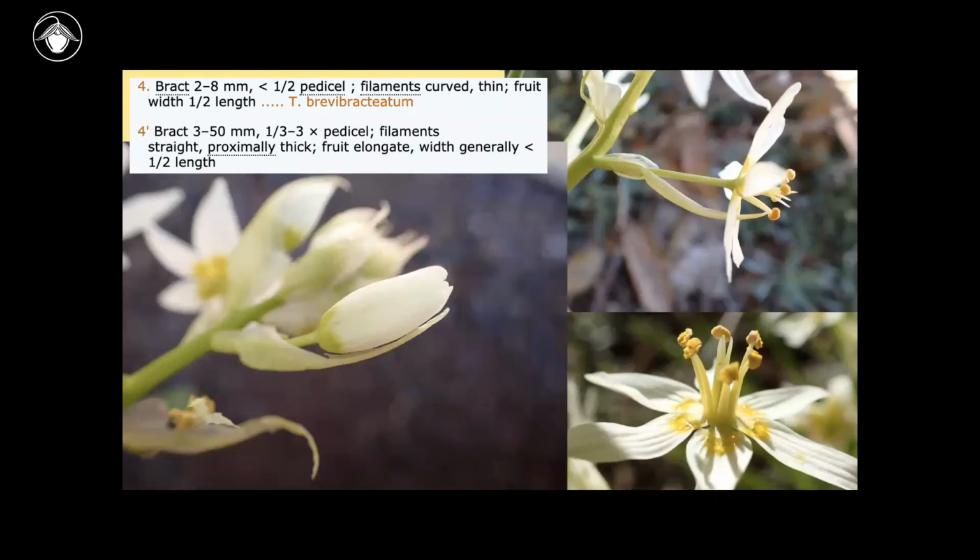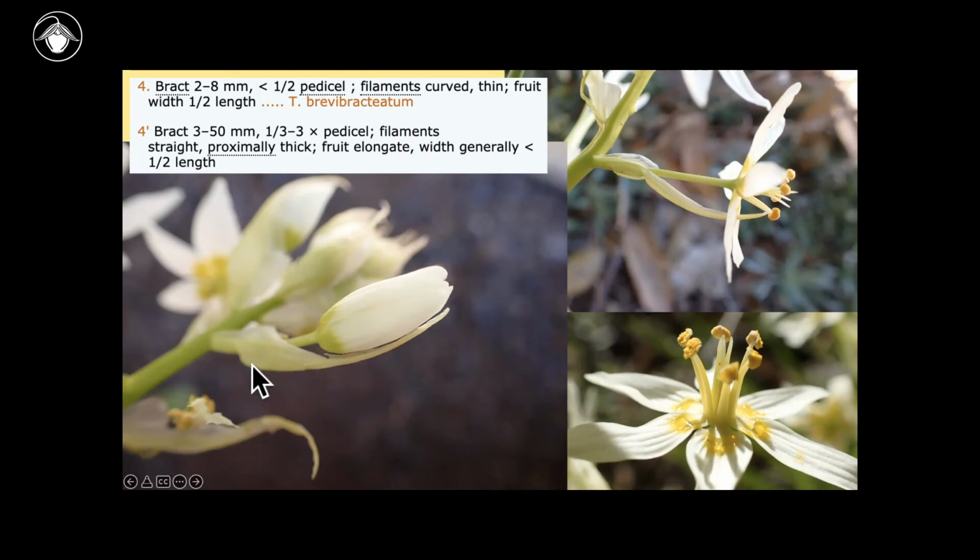Bract 2 to 8 millimeters, less than 1/2 of the pedicel, filaments curved, thin, fruit width 1/2 fruit length, Toxicoscordion brevibracteatum, or bracts 3 to 50 millimeters, 1/3 to 3 times the pedicel, filaments straight, proximally thick, fruit elongate, width generally less than 1/2 length.